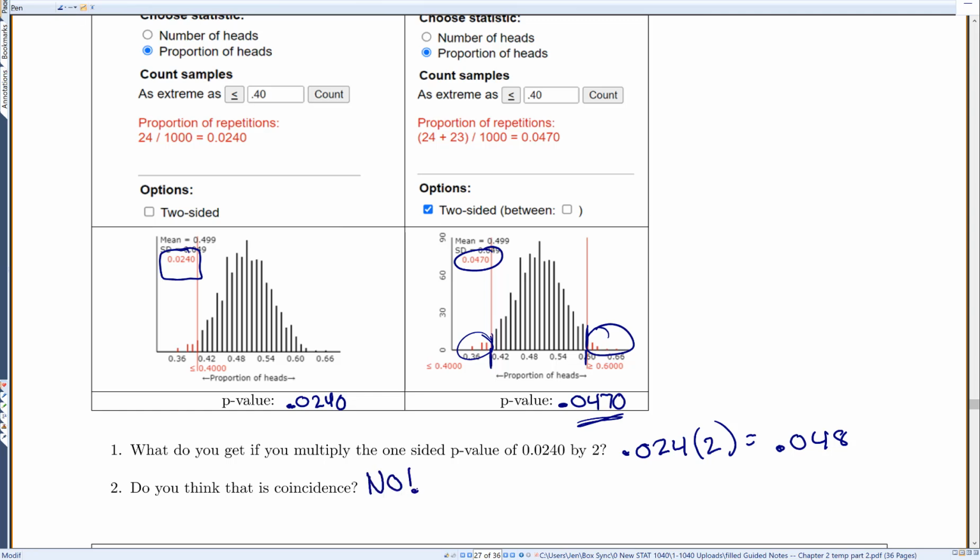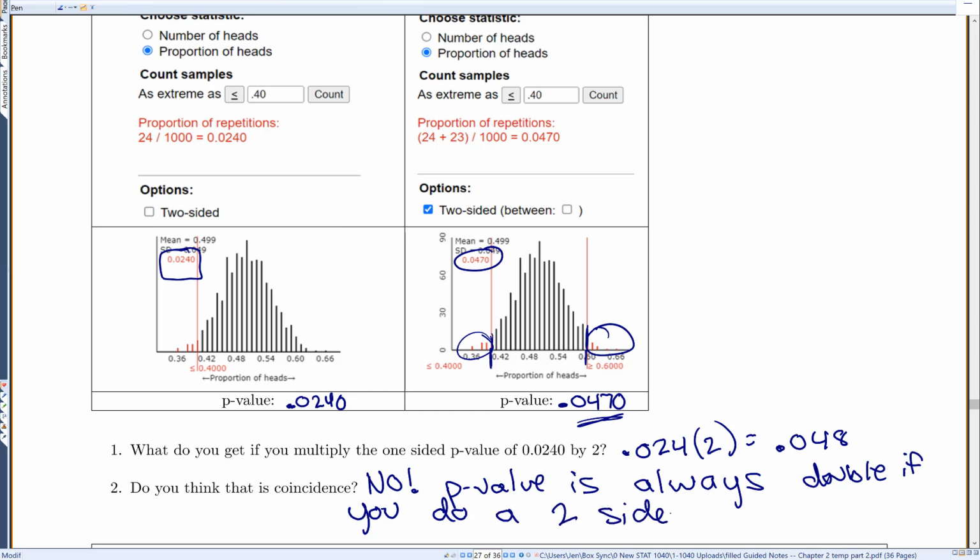Now, the p-value is always double if you do a two-sided test because you just do both tails. So it's always going to be double. Again, very common in research.